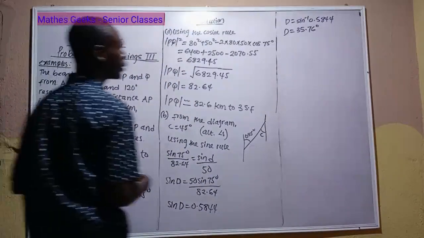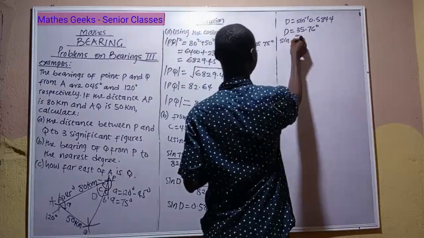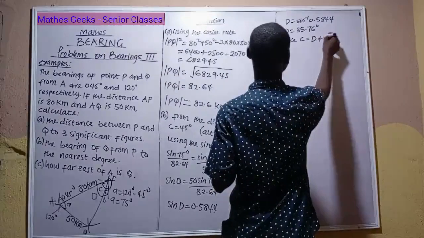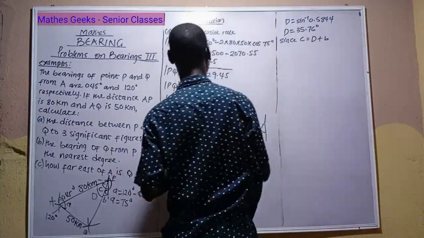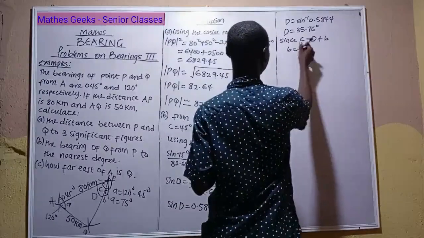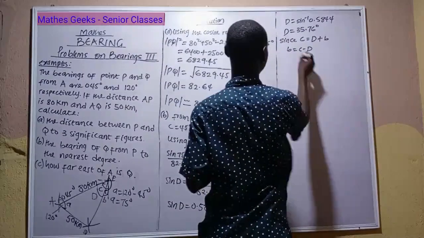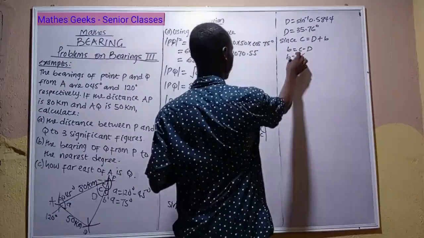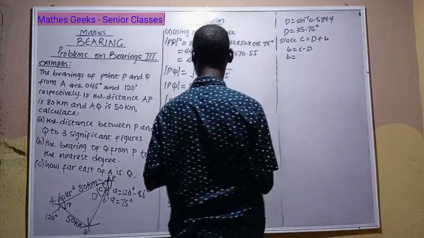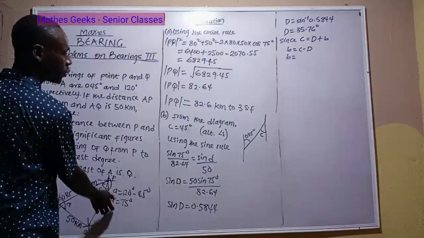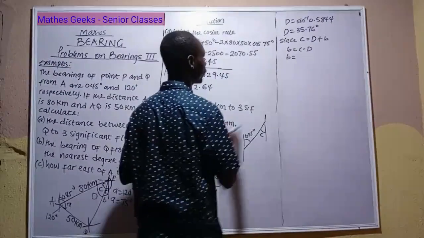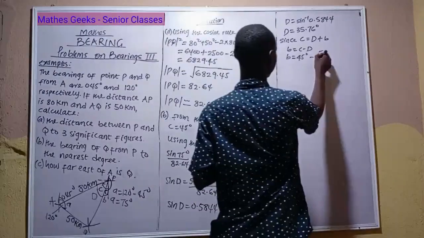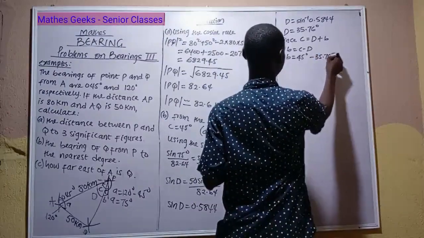Since C is equal to D plus B, B is equal to C minus D. Angle B, this angle here, is equal to angle C, which we said is alternate, so it's 45 degrees, minus 35.76 degrees.